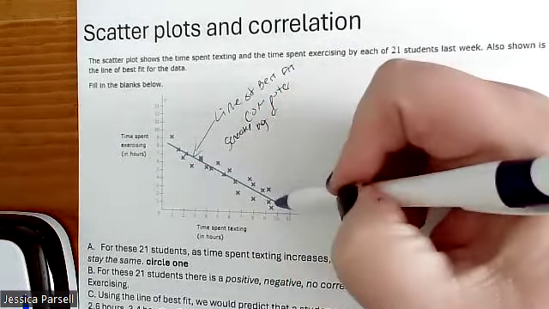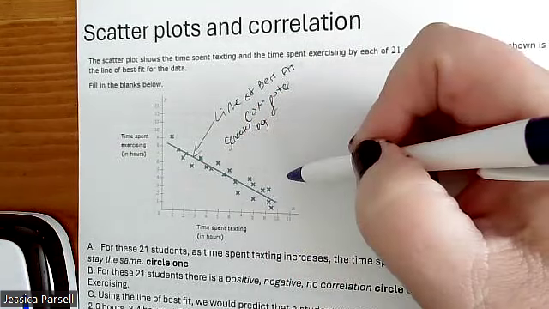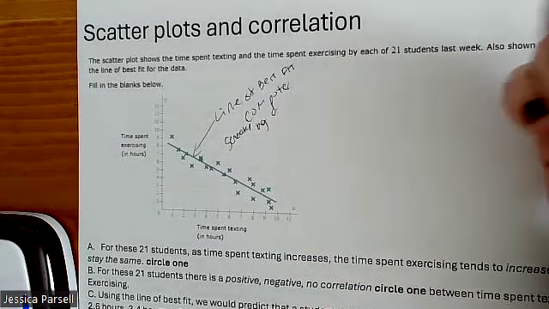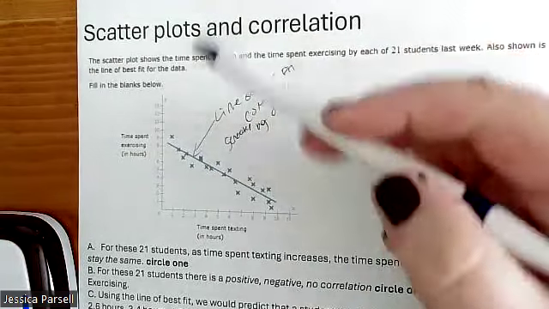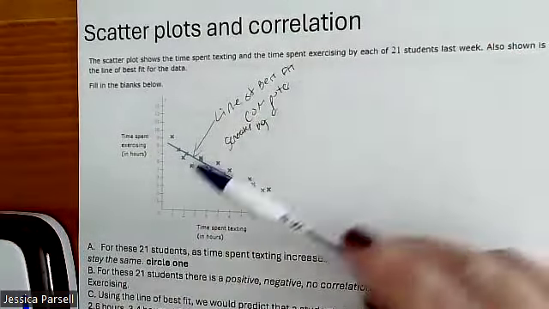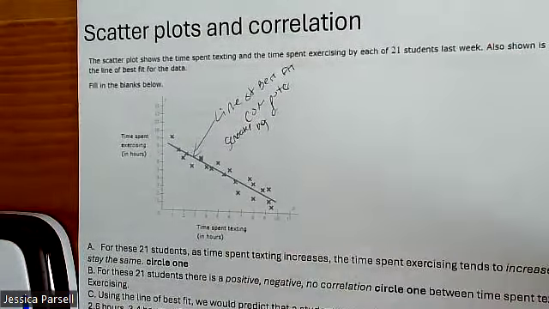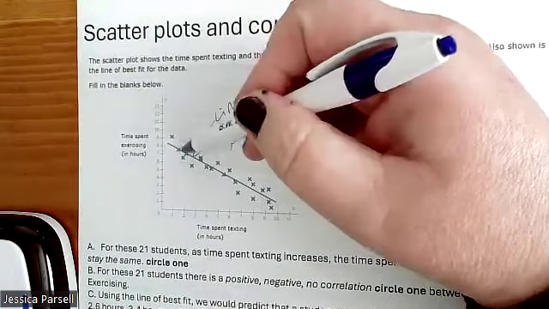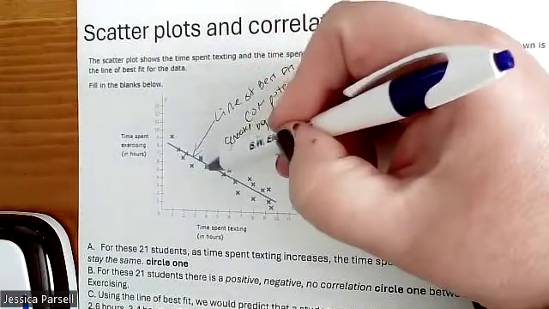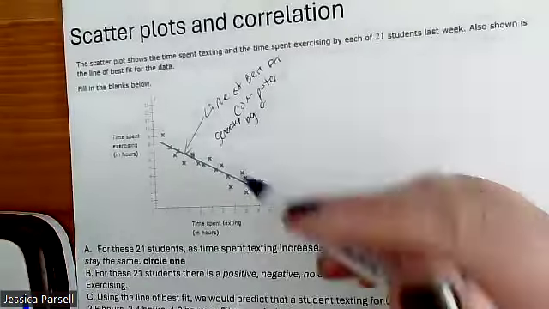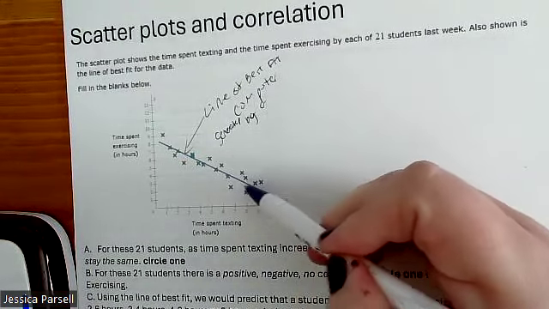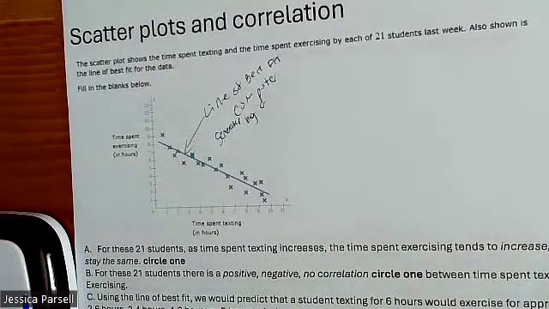It's seeking to draw a line through all of these points, but it can't. Because it cannot draw a perfect line, it's going to draw the best fit that it possibly can, to separate this data into two equal halves so that each piece of data is as close to the line as possible.